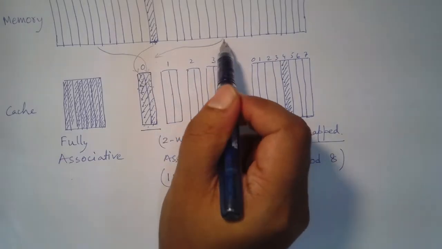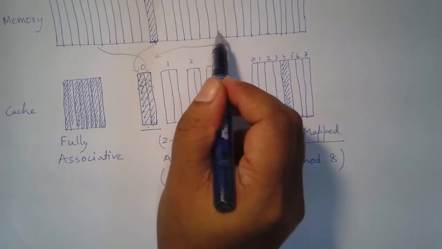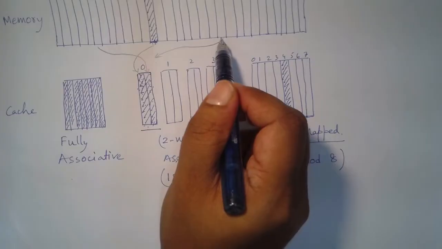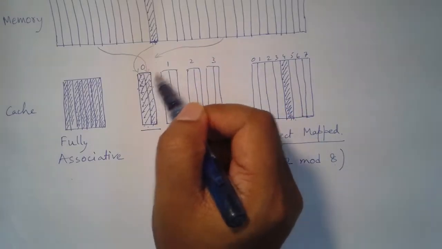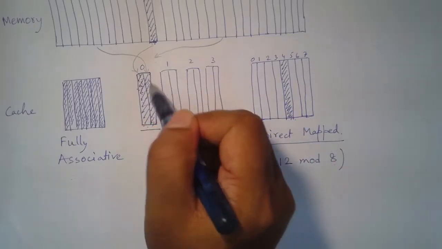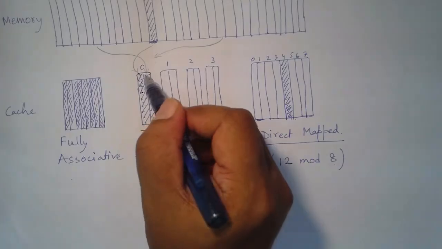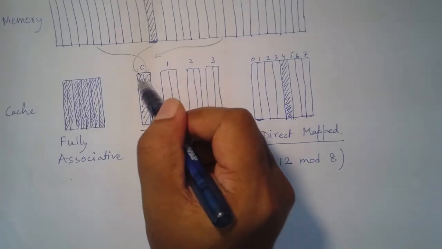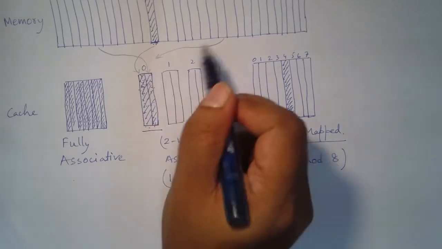So, if the processor requests data from block number 20, that will result in a conflict miss, because this is creating a conflict. I can bring in block number 20, and now I have to evict either 4 or 12. Let us say I evict 12 and bring in 20.